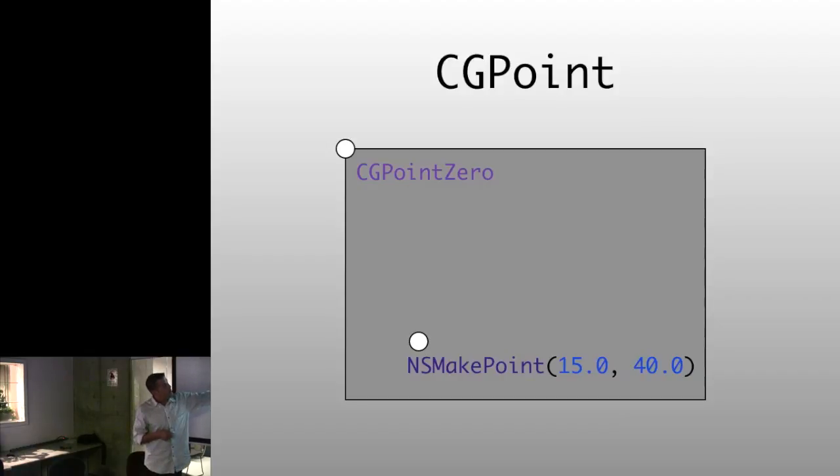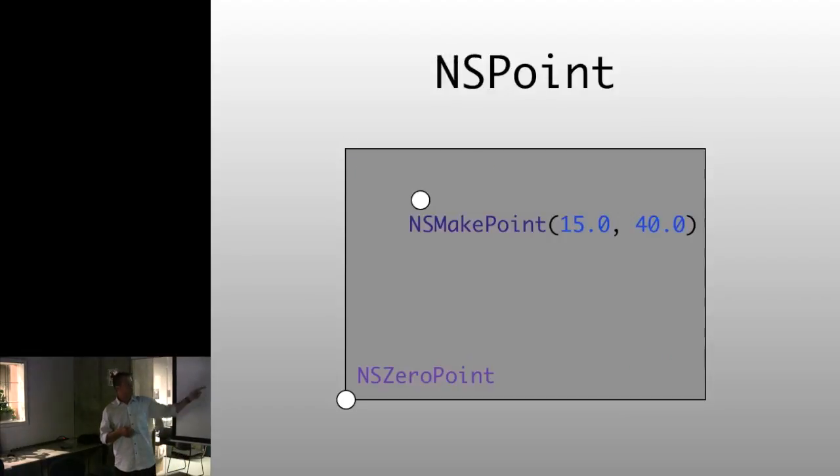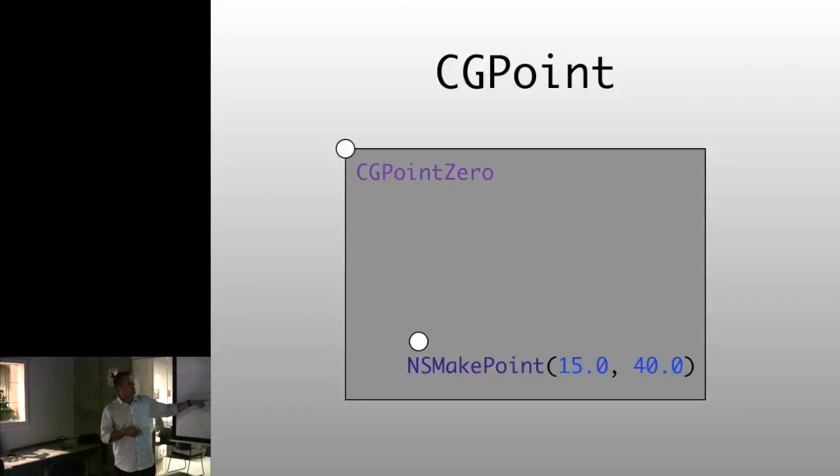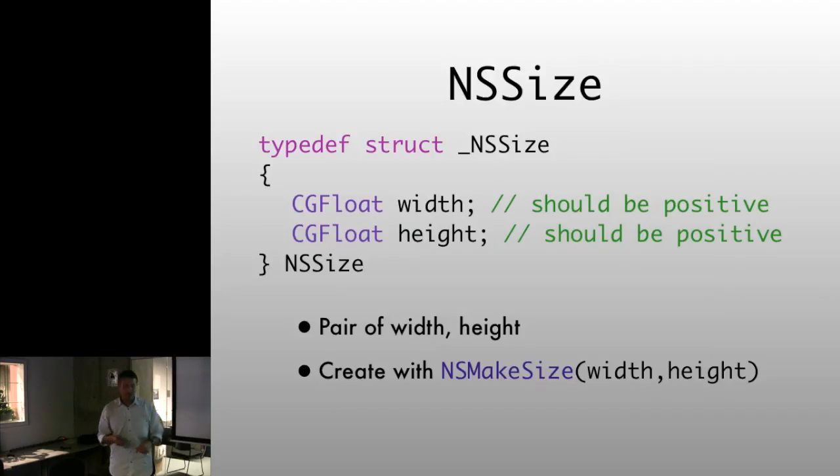It's also positive X to the right, but down on the y-axis for positive values. So this is point 15, 40 in the Core Graphics coordinate system. So that's 15, 40 in NS, 15, 40 in CG. That's incorrect, and I'll fix that.